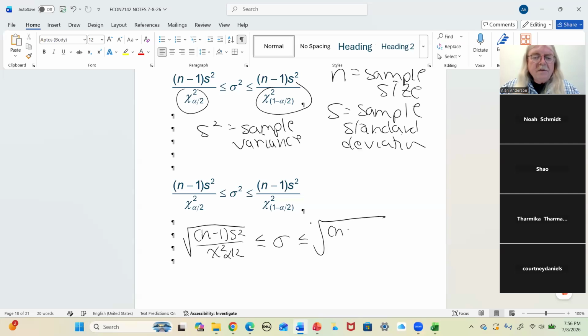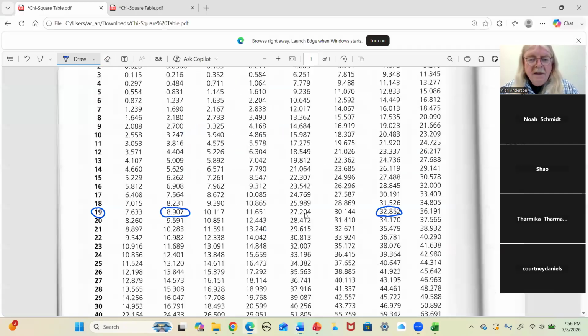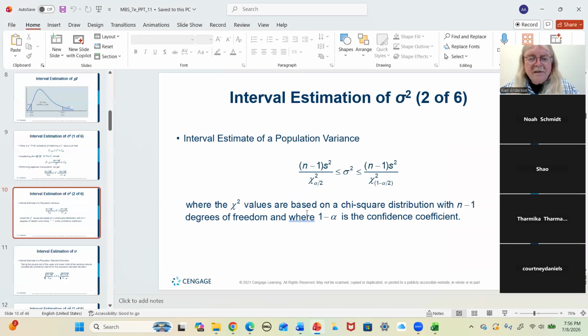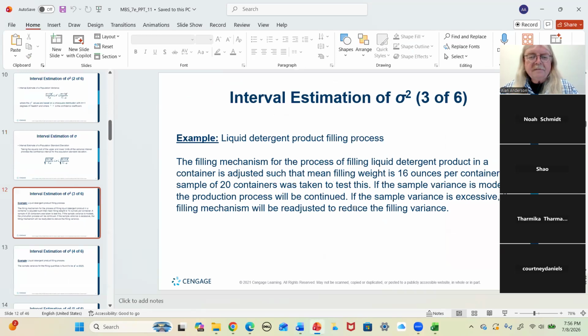So it makes sense that all you would do is take the square roots. I just want to mention that here. So, do they have an example for us? Oh, yeah, there it is. They did it. Here we go.